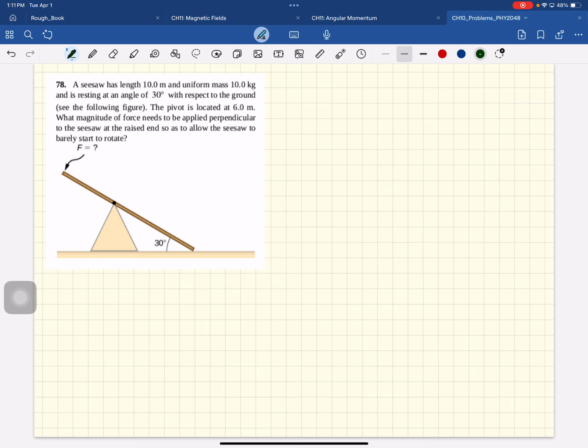Okay. This one is 4 kgs, and the force is acting there. This one is 6 kgs. This one, little m, is 4 kgs. Capital M is 6 kgs.